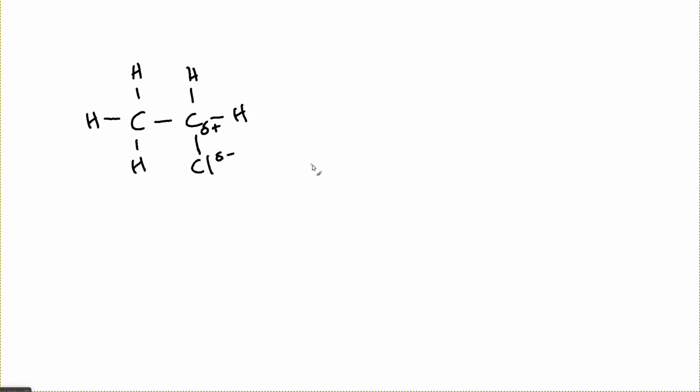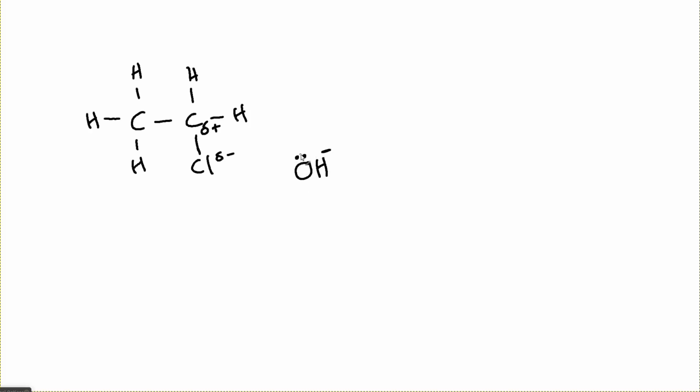So what happens then is a hydroxide ion from sodium hydroxide comes in. Now the hydroxide ion has got a negative charge, OH minus, and it's got a lone pair of electrons, a free pair of electrons on that oxygen atom. And a nucleophile is an electron-rich species. Well, this is electron-rich, it's got a negative charge.